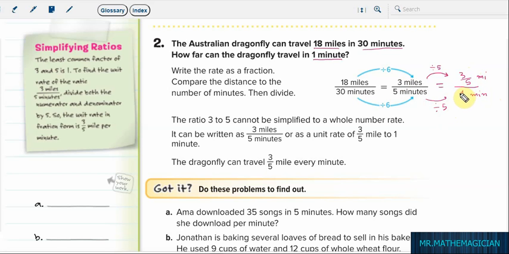So we know now that it's 3 over 5 miles per minute, or for every 1 minute. So the dragonfly can travel 3 over 5 miles every minute.